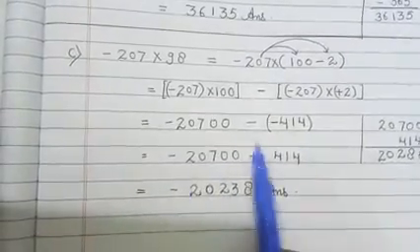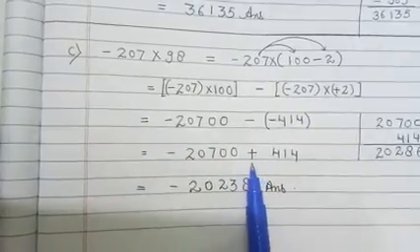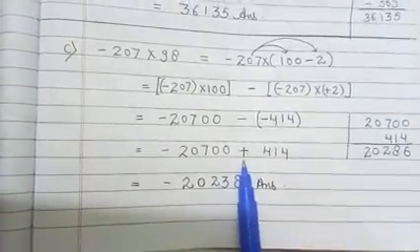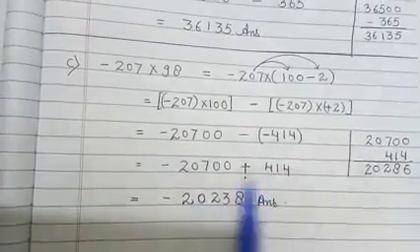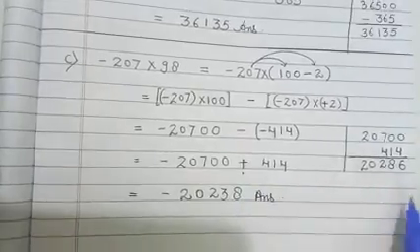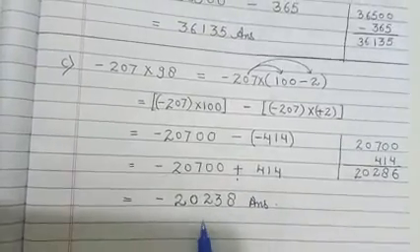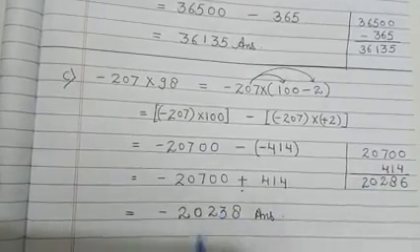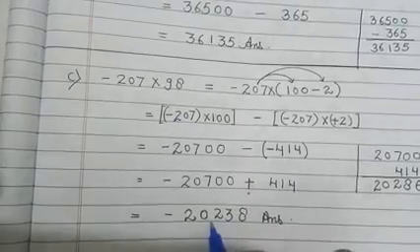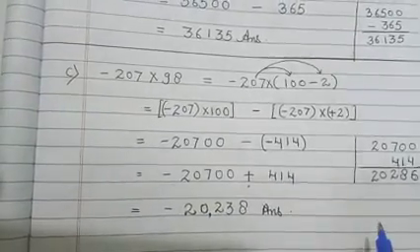Now when you open this bracket, the same positive sign will come here, and then this is negative, this is positive. What you have to do, you have to subtract here, and the negative sign will come, and the answer will be 20,238.